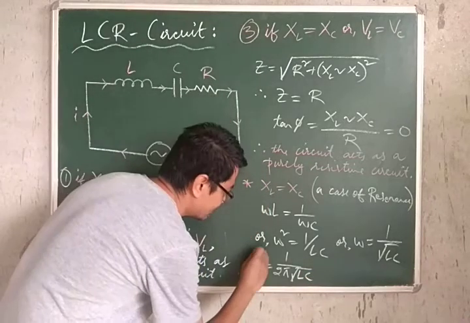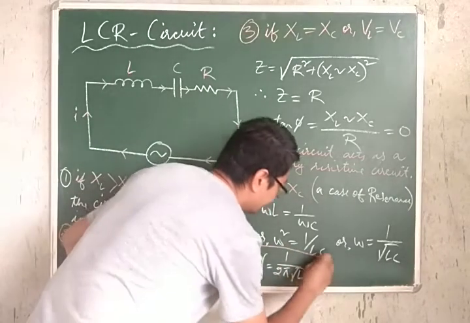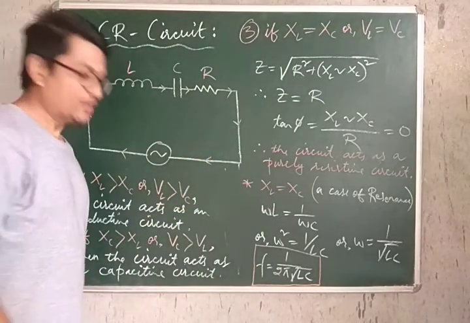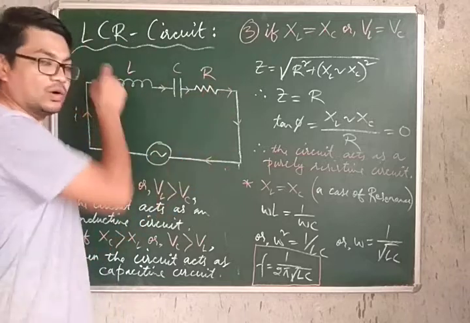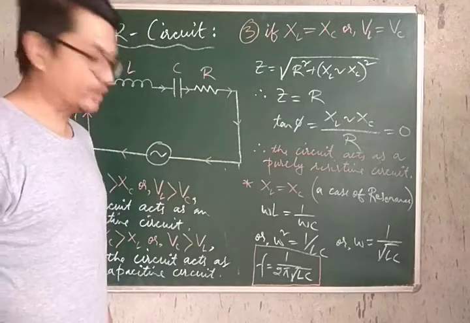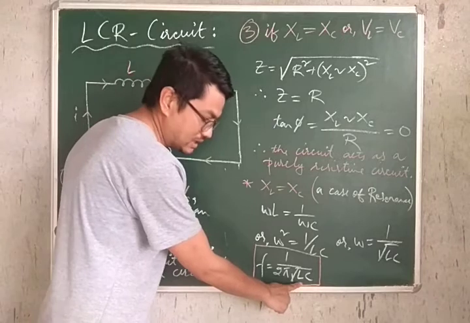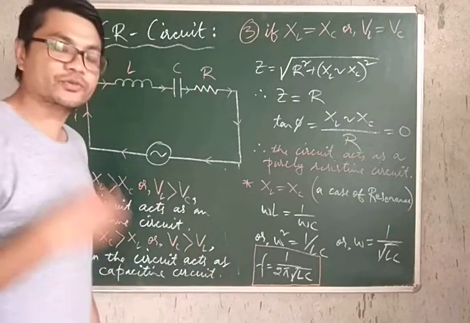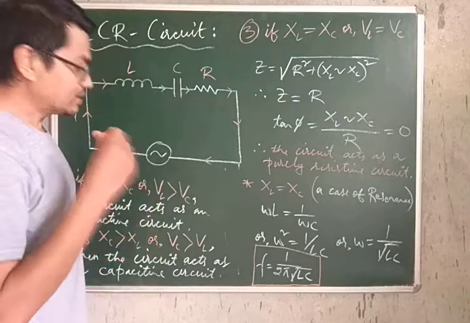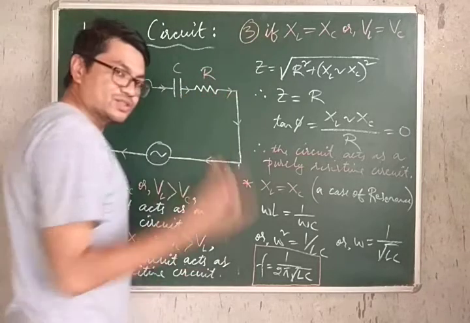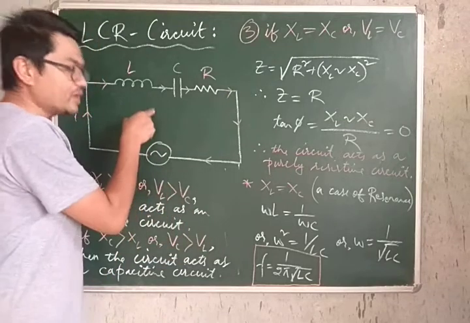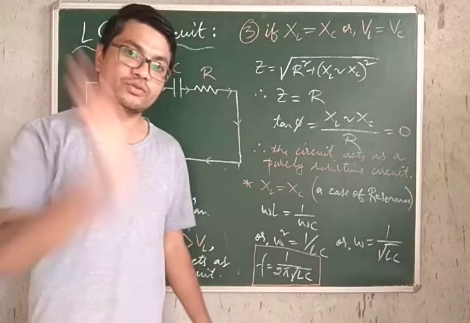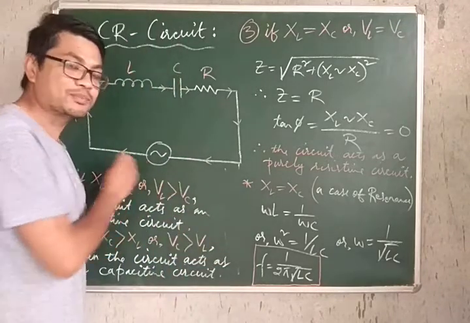So this is the frequency, so to say, of this circuit. This circuit also has a frequency of its own, depending on the value of the inductor and that of the capacitor. The case of resonance is when the frequency of the circuit exactly matches with the frequency of the alternating current or alternating potential that is applied.